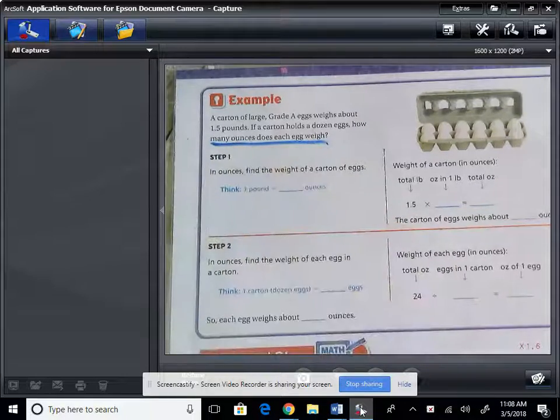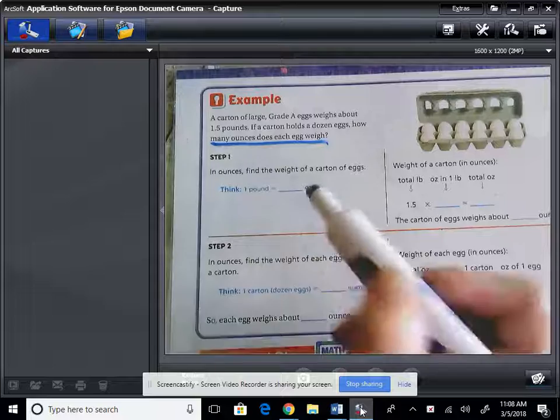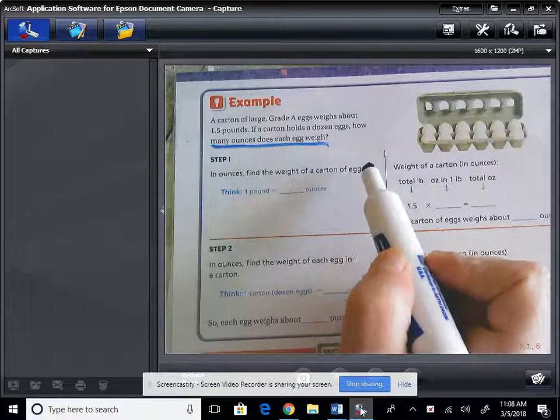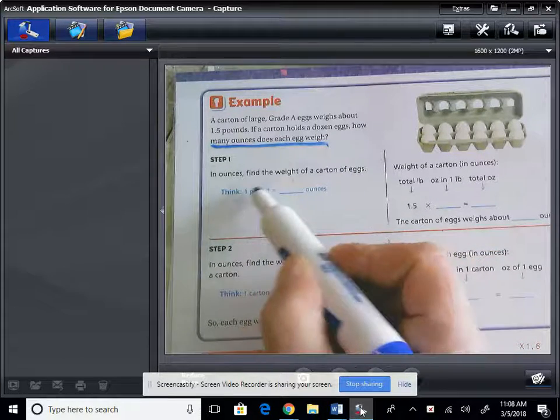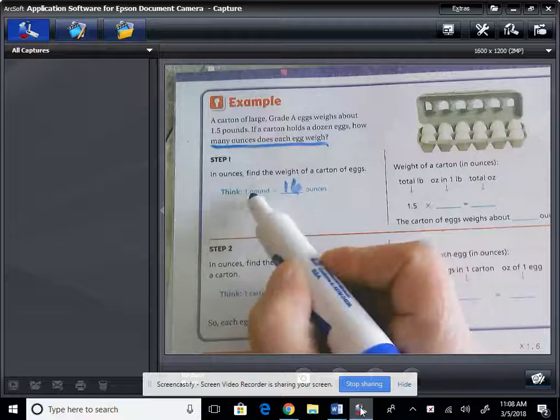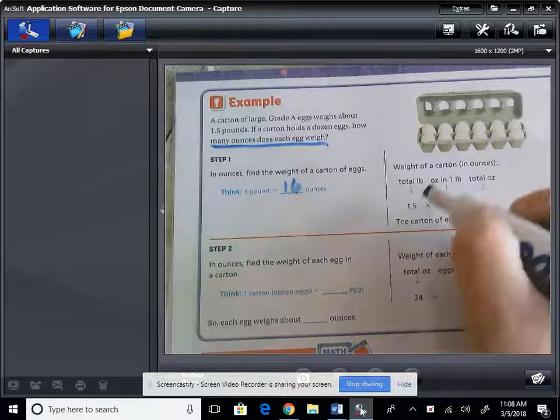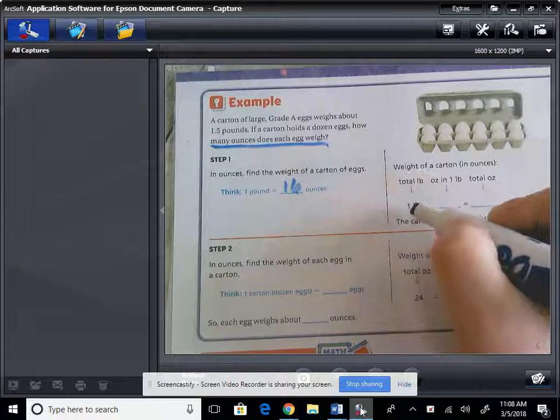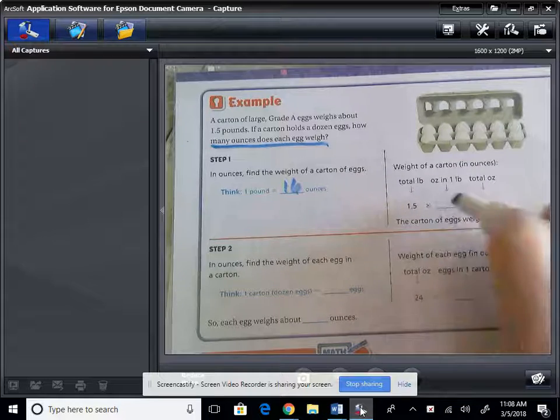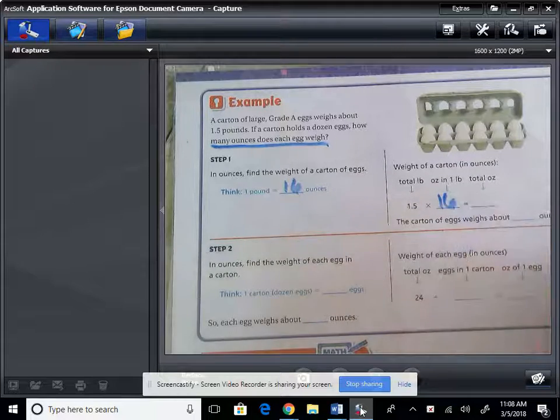All right, so the first thing we've got to do is find the weight of the carton of eggs in ounces. So I know there are 16 ounces in a pound. So how many pounds do I have total? 1 5/10 times 16.